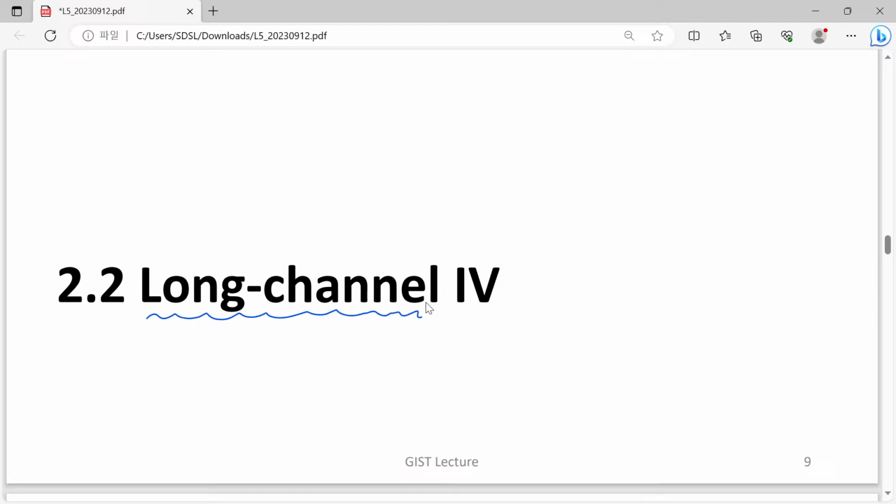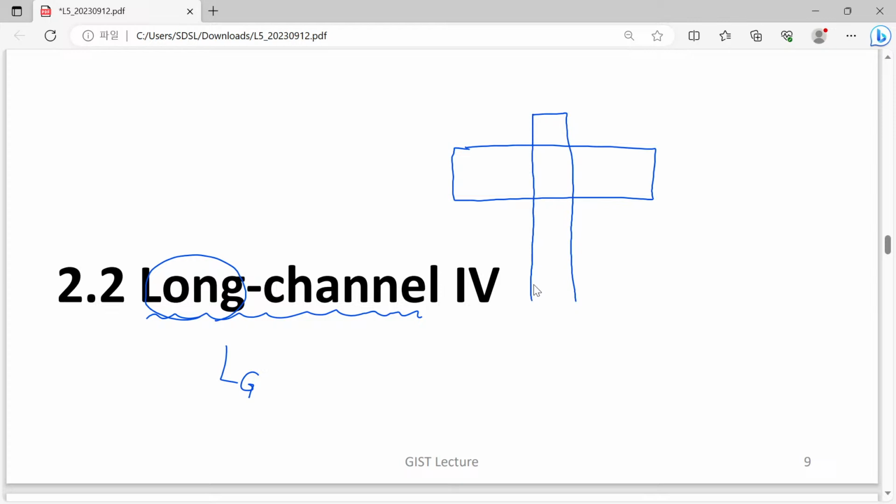So first of all, what is the meaning of long channel here? Long here is related with the length of your gate. For example, think about this one.